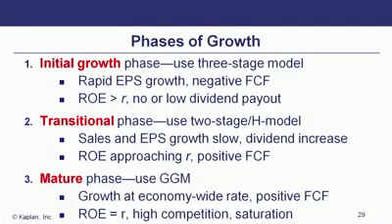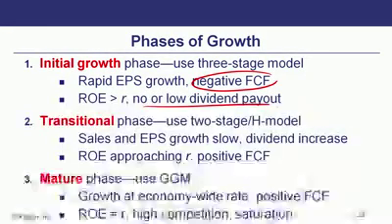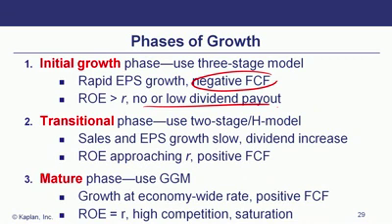An initial phase. So initial growth, very rapid, tends to give us rapid EPS growth, negative cash flows in the company's initial growth phase. So it's a startup, tends to be losing cash, and we tend to have pretty much no dividend payout. So the return on equity tends to be greater than required. Transitional phase, two-stage is most appropriate, so the H model we'll look at.